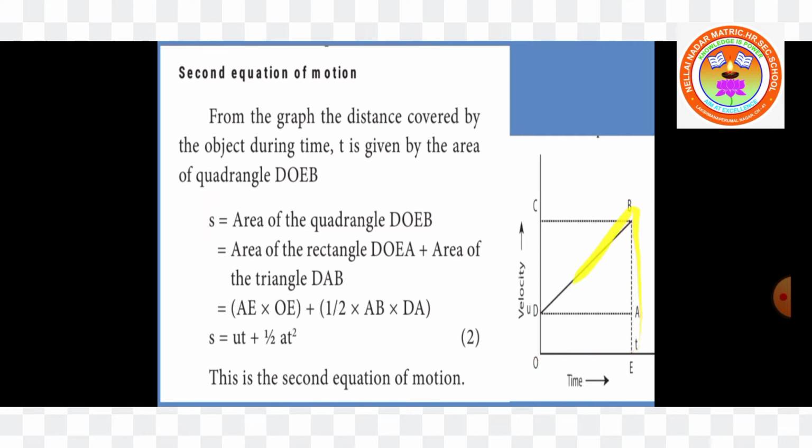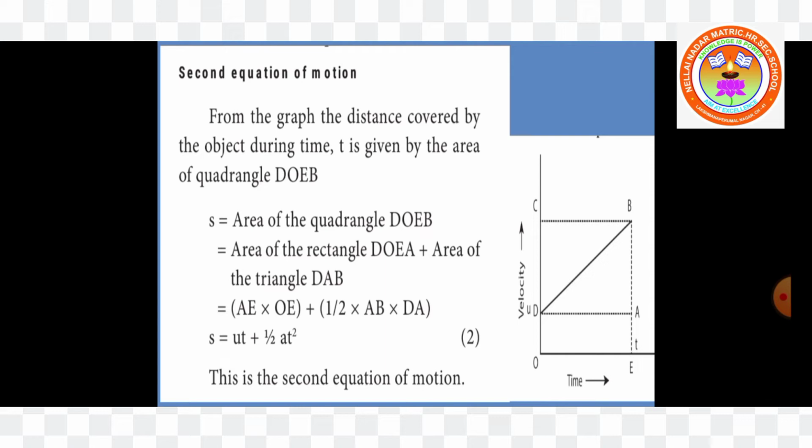The area of the quadrangle DOEB can be calculated by using the formula for the area of the rectangle DOEA plus the area of the triangle DAB. Okay, students. So first we are going to calculate the area of the rectangle DOEA.